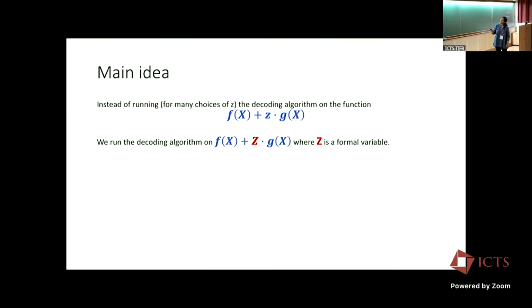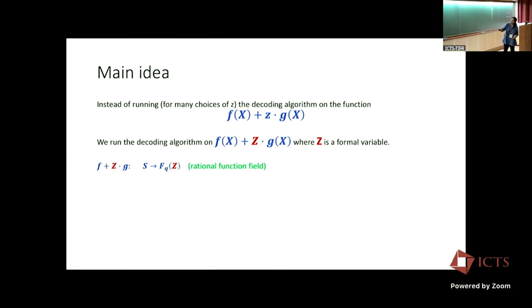The way we do it is the following. I know that f of x plus z times g of x is close to low degree, so if I run the Berlekamp-Welch algorithm on this, it will succeed in finding a nearby polynomial. That's what is given to me. I want to deduce that for all z, it will succeed in finding a low degree polynomial. So let's replace little z with a formal variable capital Z and view f of x plus Z times g of x as a received word over a larger field, F_q adjoin Z, the rational function field.